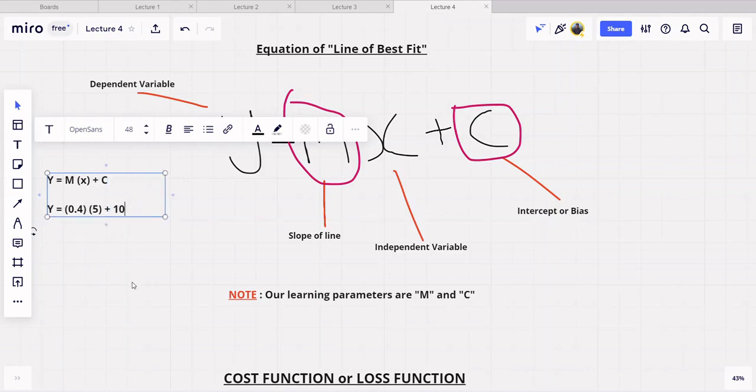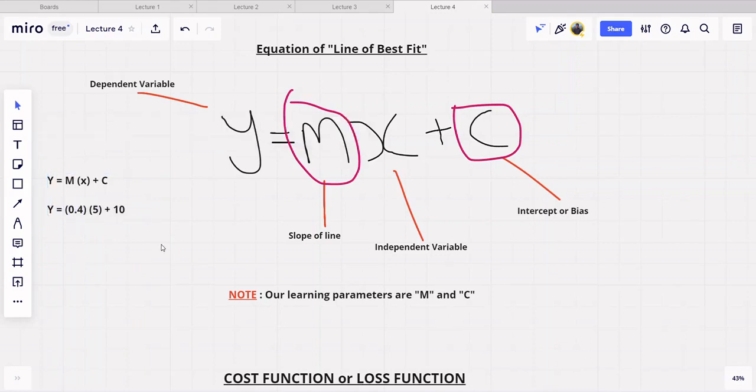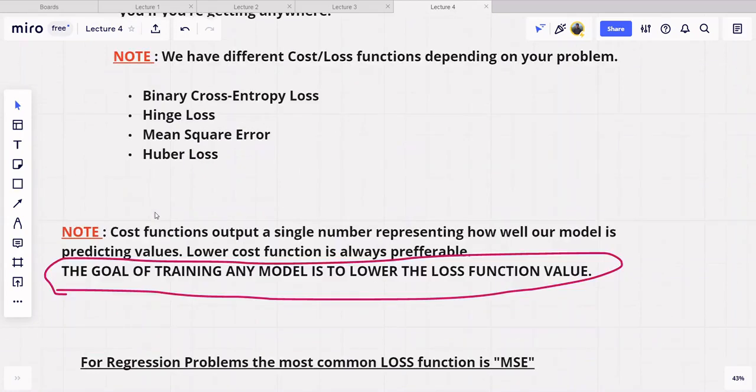Now all we have to do is compute this simple formula: multiply 0.4 with 5 and add 10 to it, and we will get our y value. That is our prediction. So this is how linear regression works in theory.